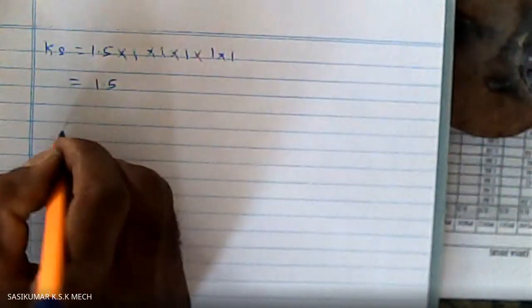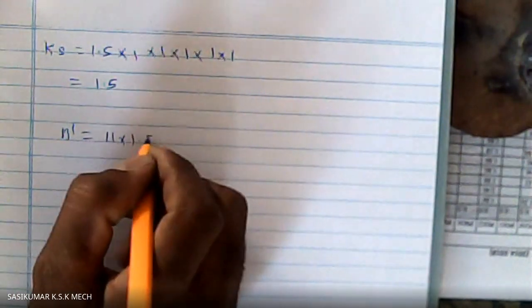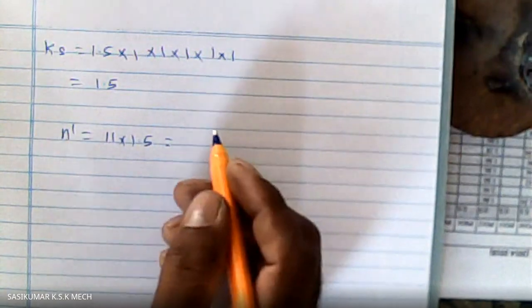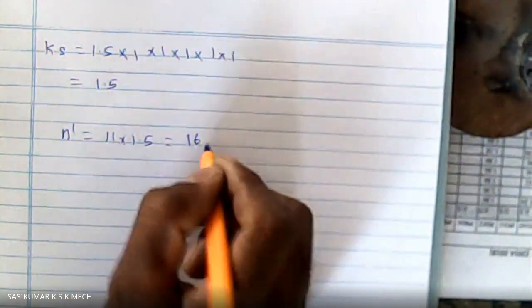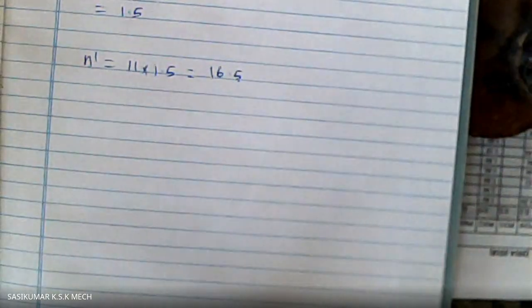So now the minimum factor of safety is 11 into 1.5, that is equal to 16.5. The factor of safety is 16.5.